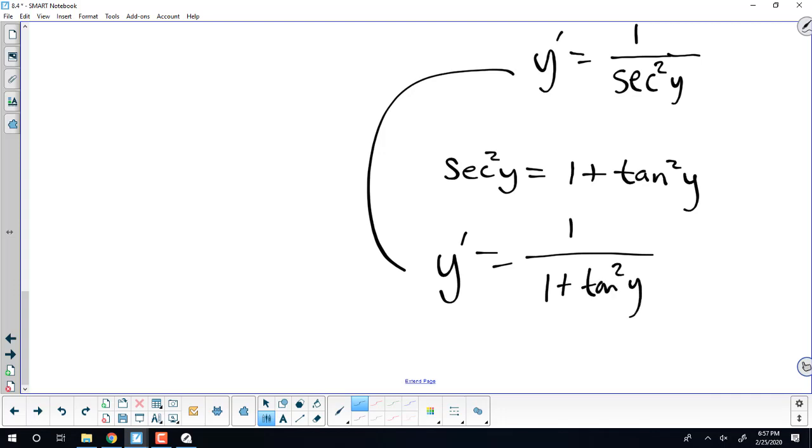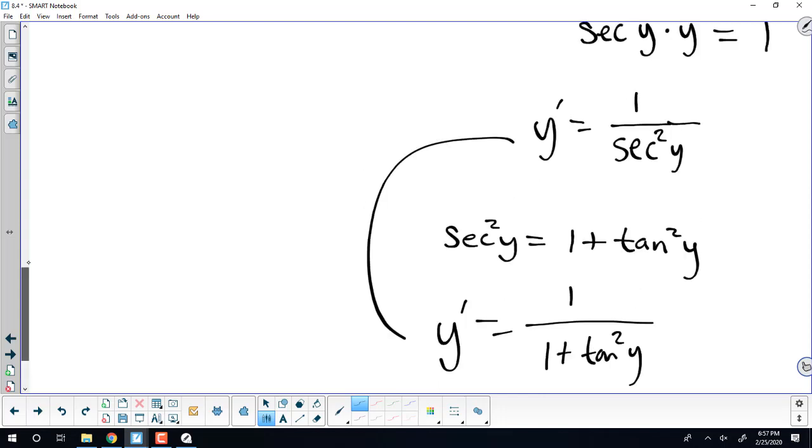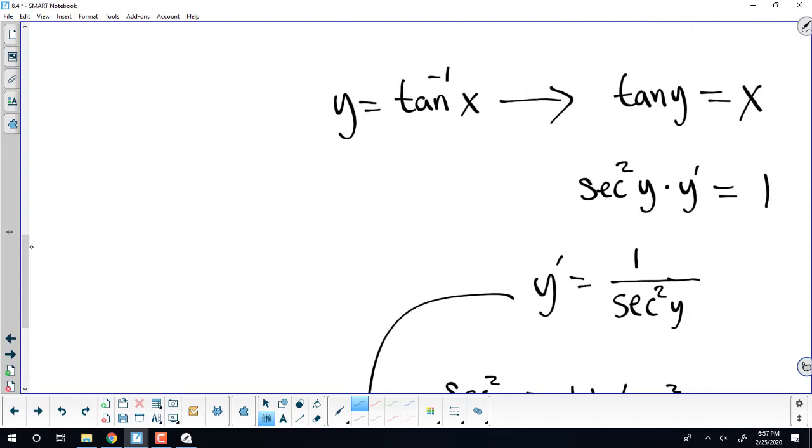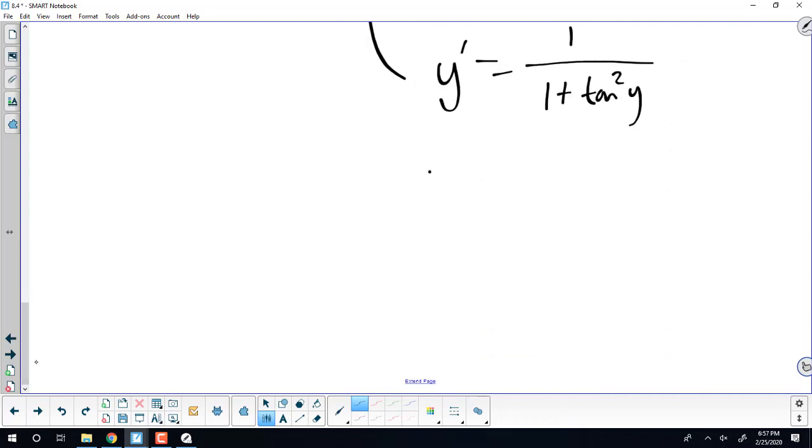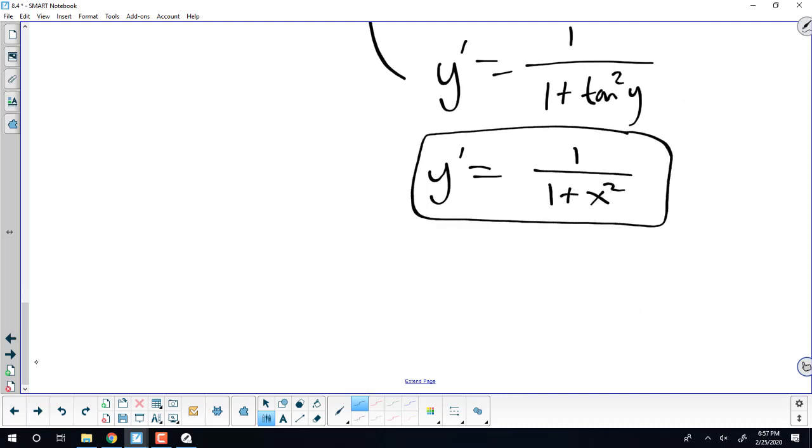And what's tangent squared of y? Tangent y is x, so that's x squared. So there we have our derivative for inverse tangent. The other inverse trig functions are configured the same way.